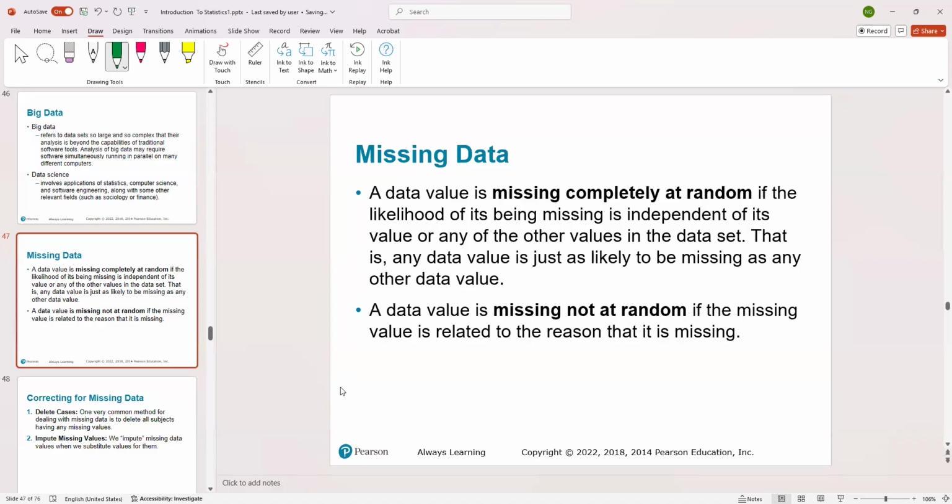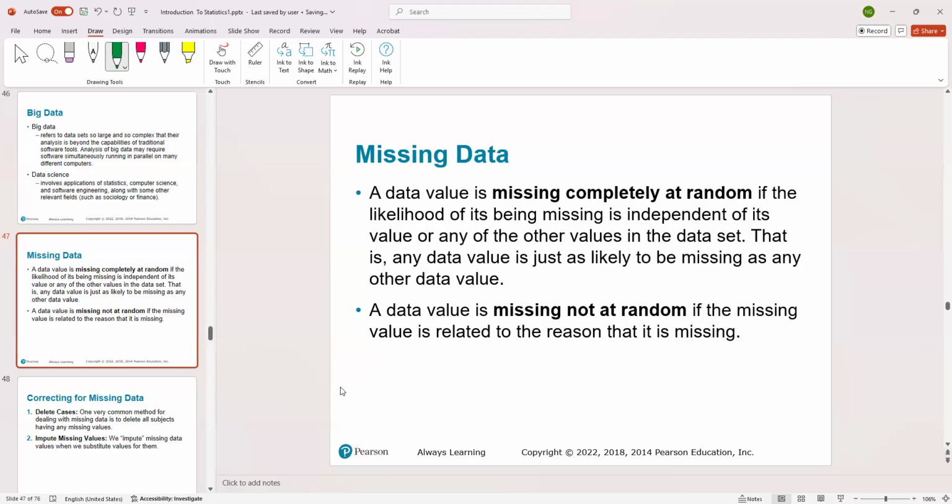However, if a survey includes many missing salary entries, because those with very low incomes are reluctant to reveal their salaries, those missing low values will have the serious effect of making salaries appear higher than they really are. So we need to make sure that a data value is missing not at random if the missing value is related to the reason that it is missing.